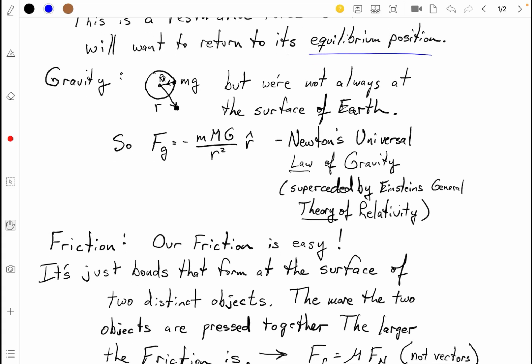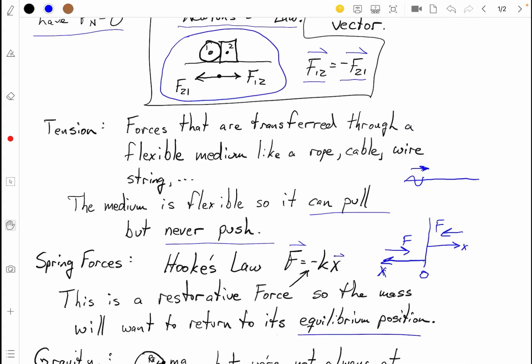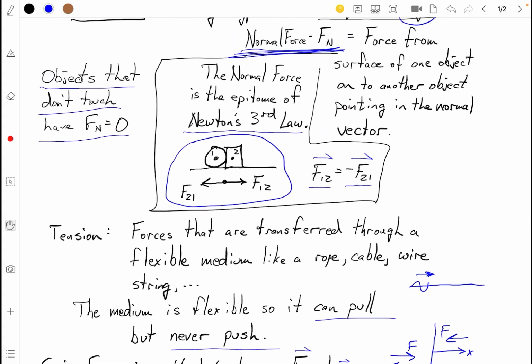Okay. Then there's gravity. We already talked about how gravity is the only thing that we're really dealing with as far as forces go of the four forces. However, the normal force is electromagnetic. Even though we know it's there, it's an electromagnetic E&M force.